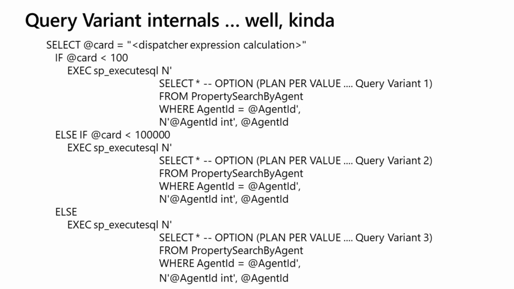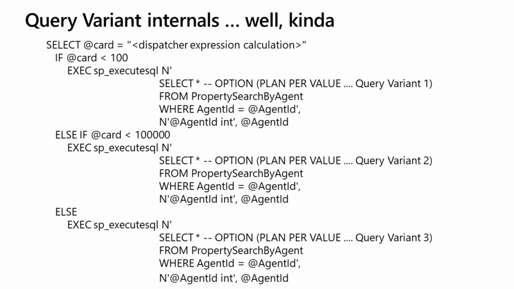So if we were to look at some quick pseudocode, the dispatcher expression, the thing that is inside of the dispatcher plan, it's doing these calculations, right? So it's looking at the cardinality of the data. Remember our table that had the 3 rows in it? So it's going to say, okay, if the cardinality is less than 100, I'm going to create a query variant with, I'll pass along this select statement, but I'm going to inject this option plan per value and identify that this is query variant 1.